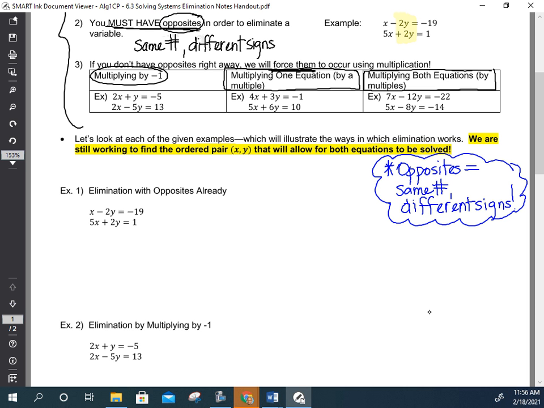So let's start with a problem that's already set up for us. Example 1. X minus 2y equals negative 19. 5x plus 2y equals 1. One of the variables is already an opposite.